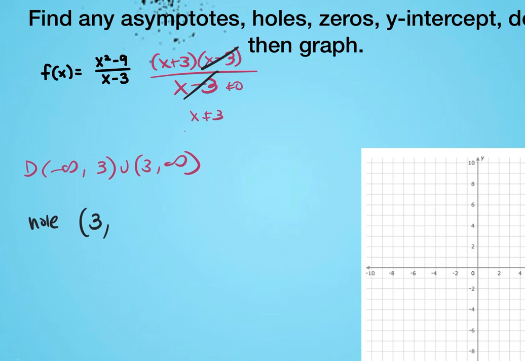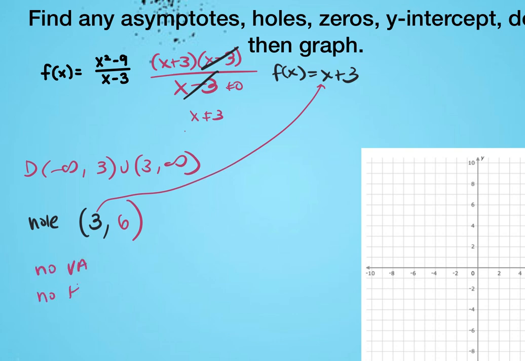Everything else after this comes from my new equation, which is f of x equals x plus 3. That is just a line, but it still has a hole. So I take the 3 and plug it into the new equation to get the y coordinate of my hole, which is 6. There are no vertical asymptotes because it's a line.